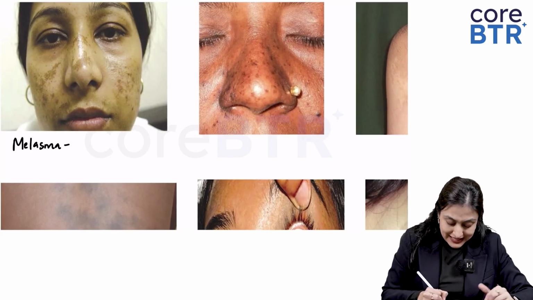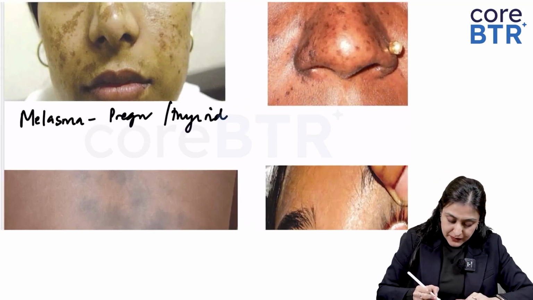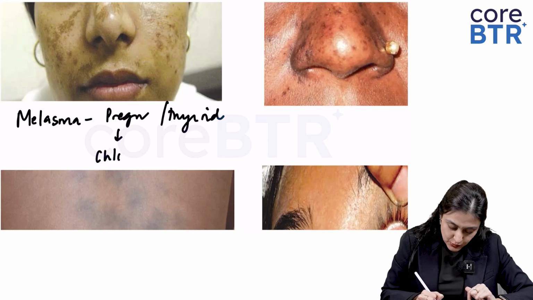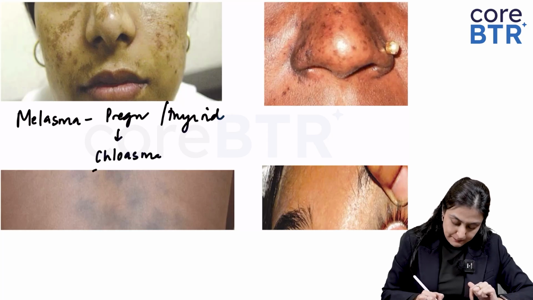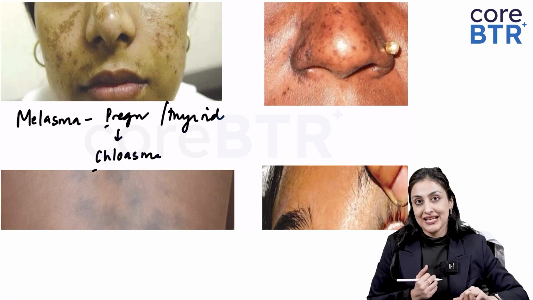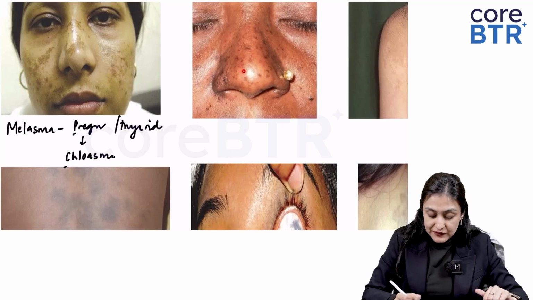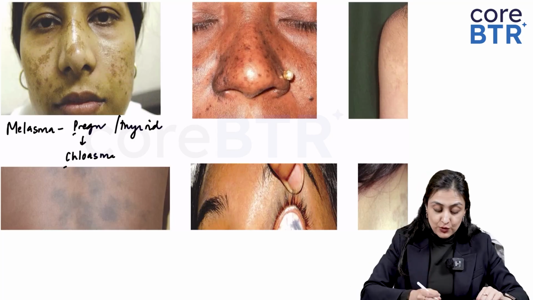Melasma can be seen in photo-exposed areas. One of the common causes are pregnancy or thyroid disturbance. Particularly when it's seen in pregnancy, we call it chloasma, or you can call it melasma. Here they'll give you history of a viral fever, arthralgia, retro-orbital pain.